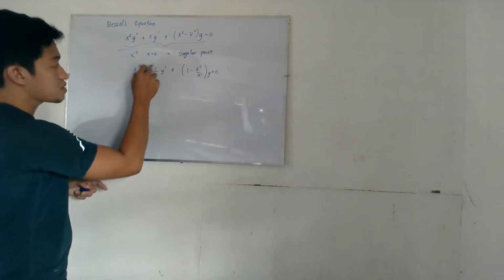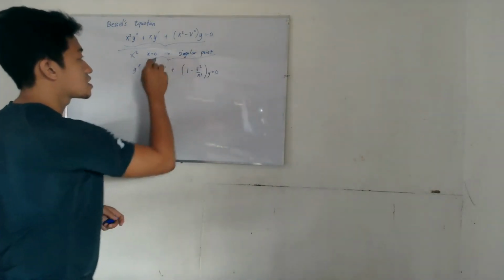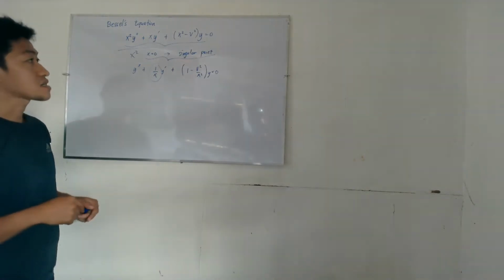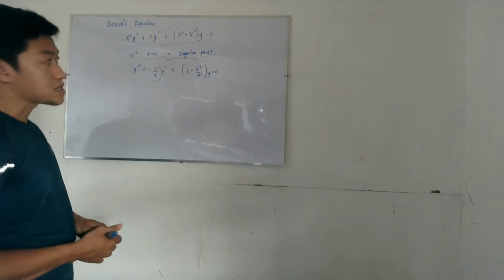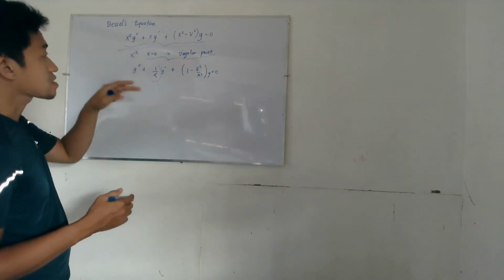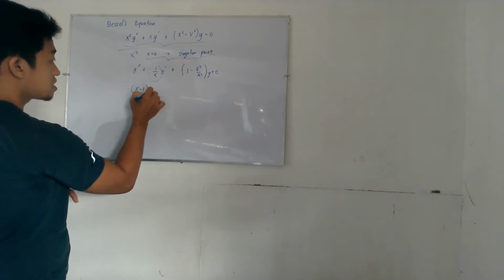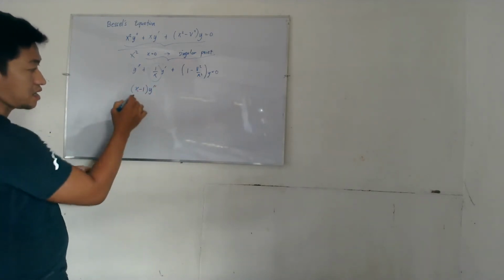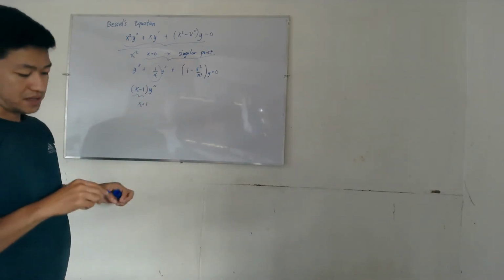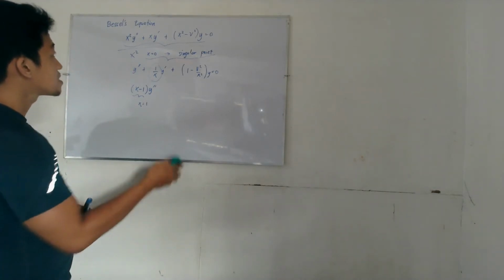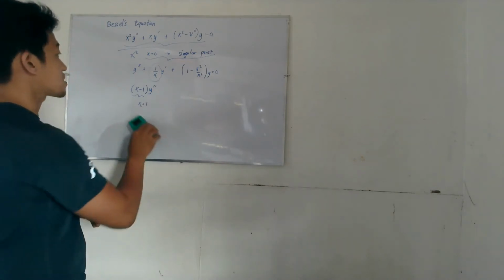So 1 over 0 is undefined. That is why x equals 0 is a singular point. You can easily tell whether an equation has one. For example, if you have (x minus 1) y double prime and equate it to 0, x equals 1 is a singular point. The rest of the values are ordinary points.